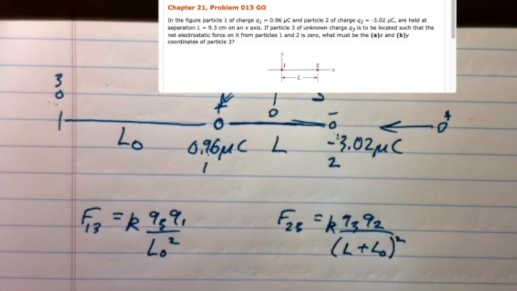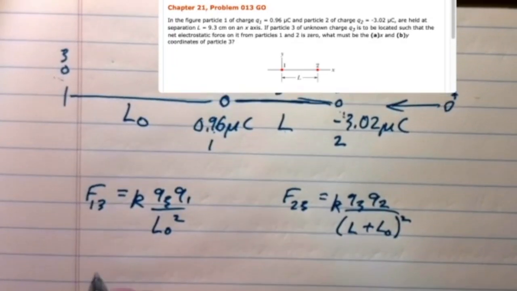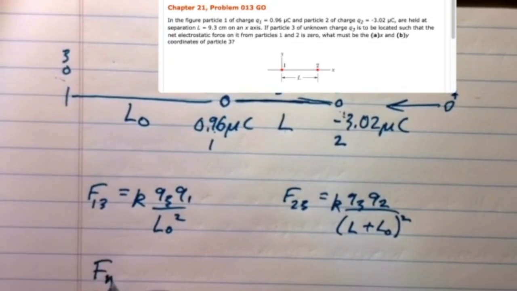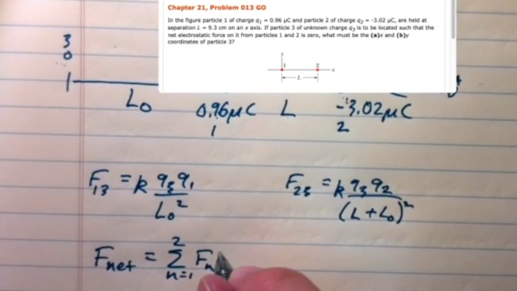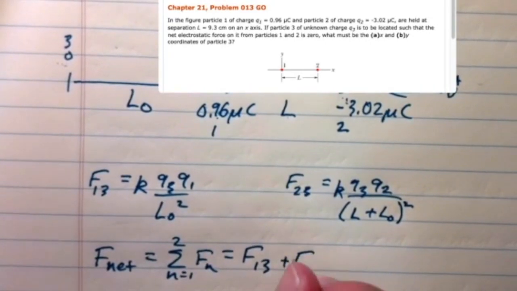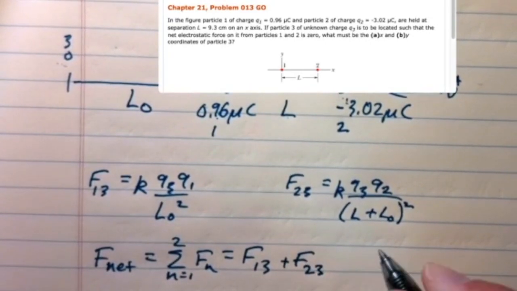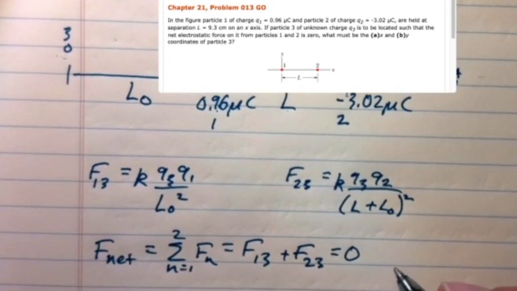So F net is going to be the sum of all my forces, so F13 plus F23, and my net force is going to be equal to 0.